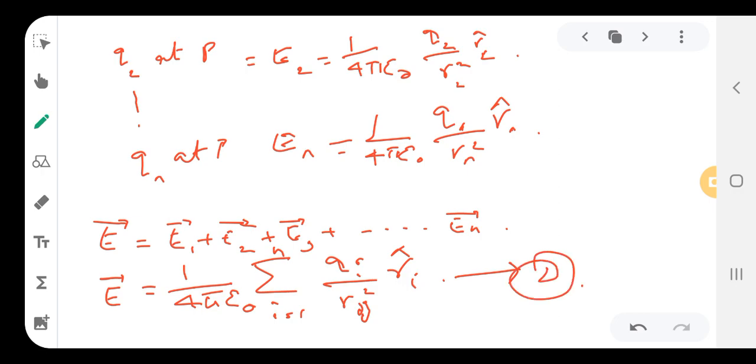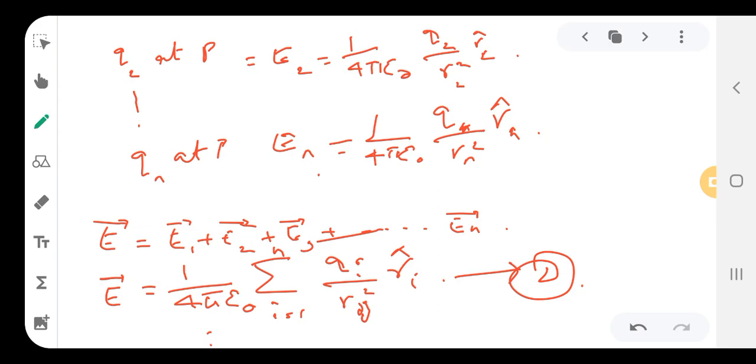Similarly, adding all these, E vector equals E1 plus E2 plus E3 up to En, equal to 1 by 4 pi epsilon naught common for all these, and summation of i from 1 to n of Qi by Ri square Ri cap.